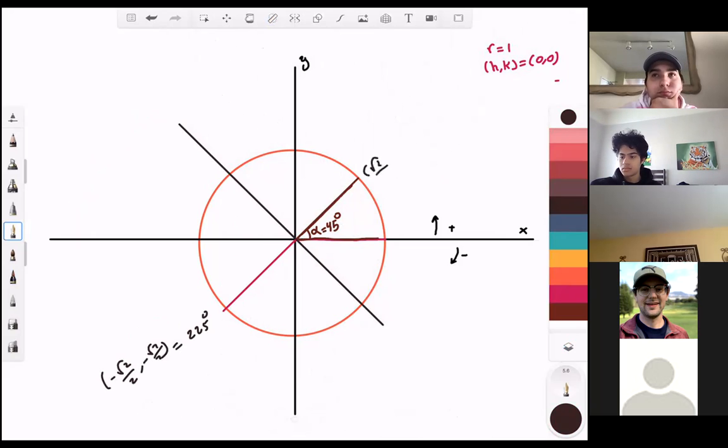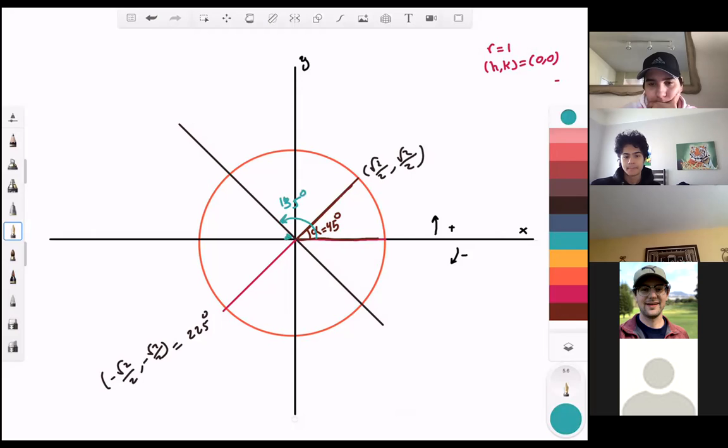We had radical 2 over 2, comma radical 2 over 2. What about this angle? This is 135 degrees. What's the reference angle?